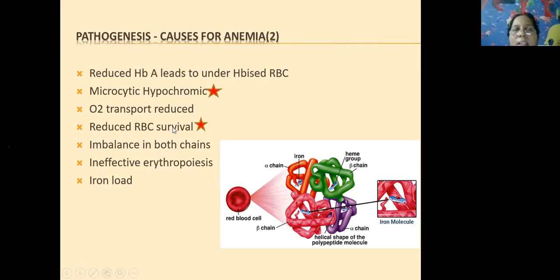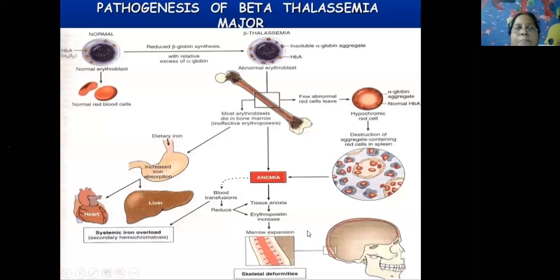And because of all hemolytic anemias, you have iron overload, because excess iron is liberated from the hemoglobin, and also by transfusion. This is in Robbins. You have to mug up somehow, but it's very easy when you understand.